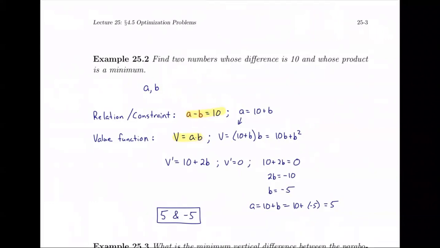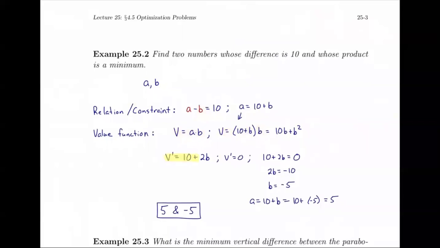So maybe I go up here and solve for A. I add B to both sides, and I'm able to write down A as 10 plus B. With that in hand, I can change my value function to now be V equals 10 plus B times B. Now I have a value function that's completely in terms of one variable, the variable B. And I've written it now as 10B plus B squared.